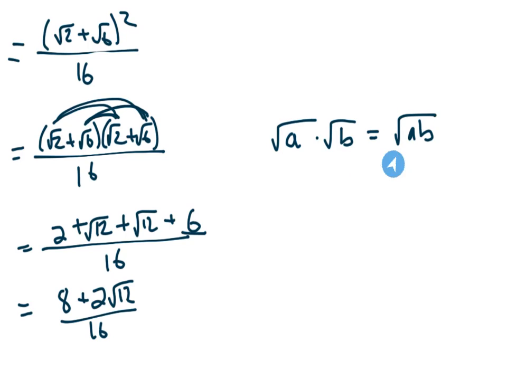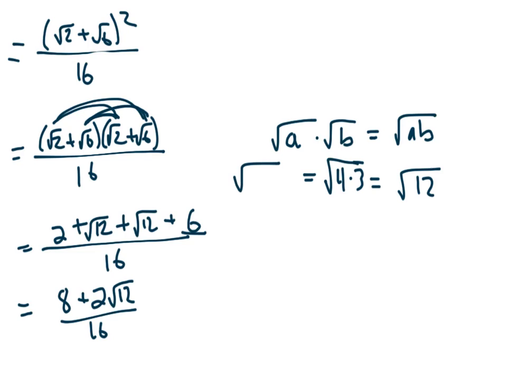We're going to use the same principle we used the first time, but we're going to do it backwards. Are there any perfect square factors of 12, things that have nice square roots? Factors of 12: 1, 2, 3, 4, 6, 12. 4 is a perfect square. This is 4 times 3. 4 times 3 equals 12.